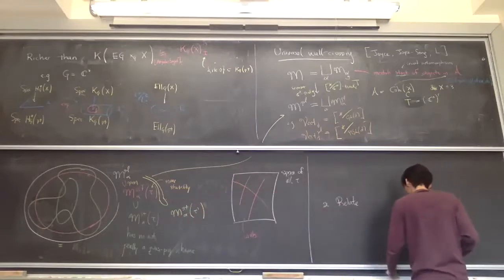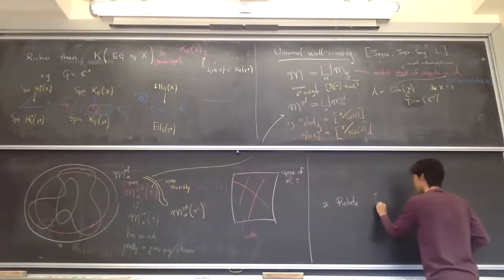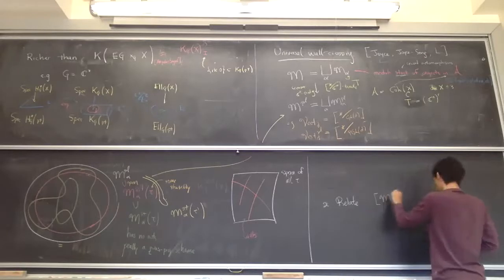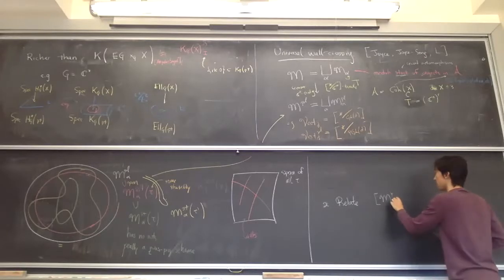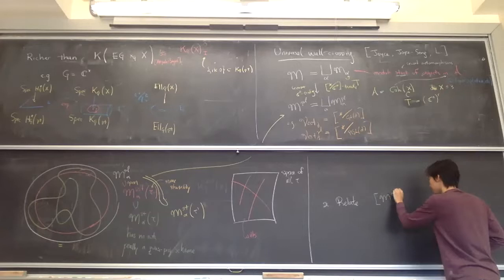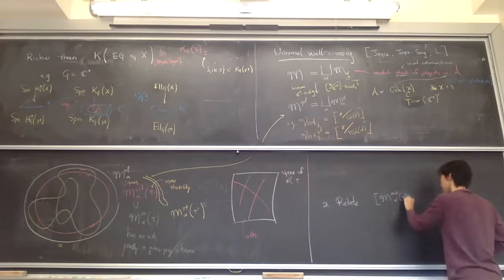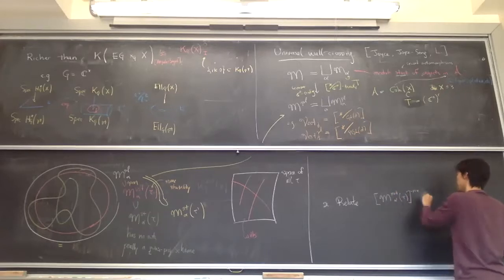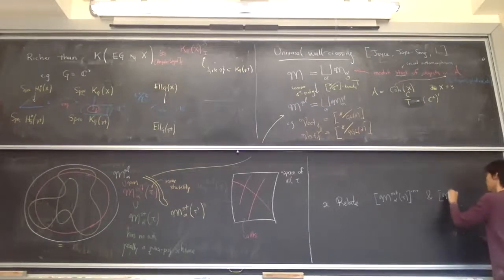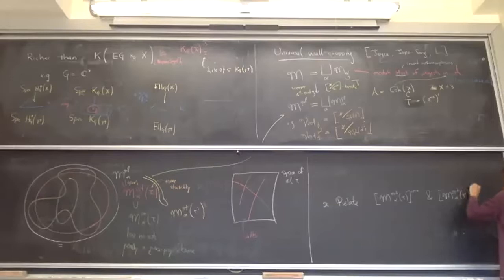Okay, so we're going to relate this object called M semi-stable tau and M semi-stable alpha tau prime. Okay, so let me explain what I've just written.